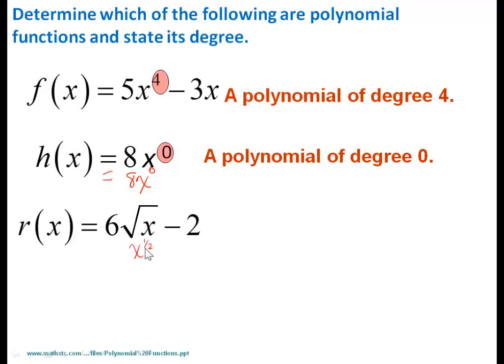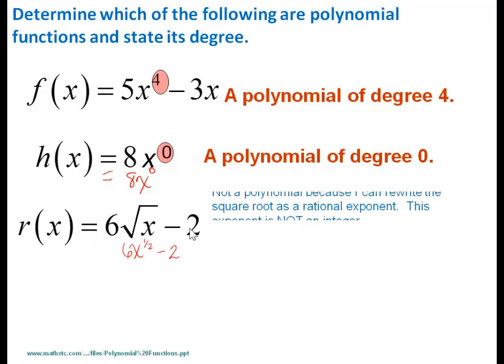So this means that the exponent for this expression is a fraction, not a positive integer. So this expression here is not a polynomial function because the exponent is a fraction.